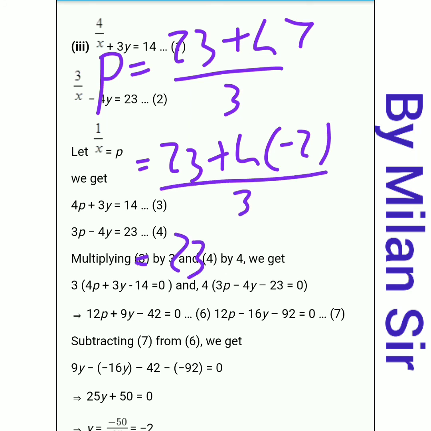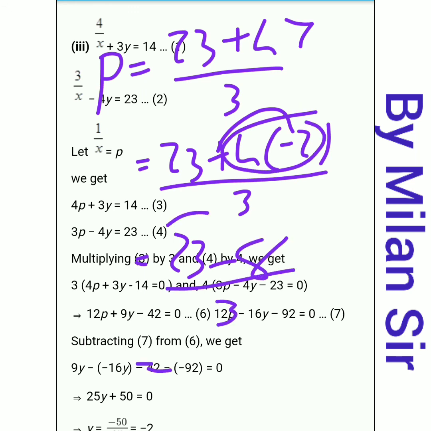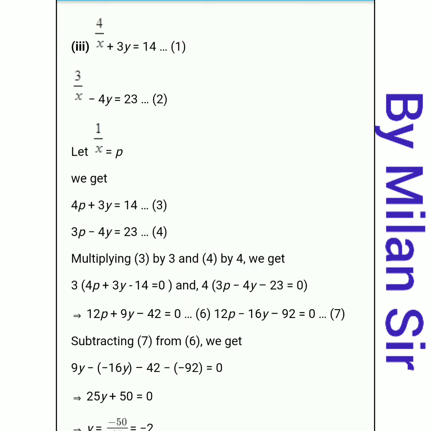So 23, here plus minus minus, 4 2s are 8, divided by 3. Now here in numerator, 23 minus 8, it is 15. Big number sign, it is positive, divided by 3. Now 3 5s are 15. So p is equal to 5. Right? p is equal to 5.